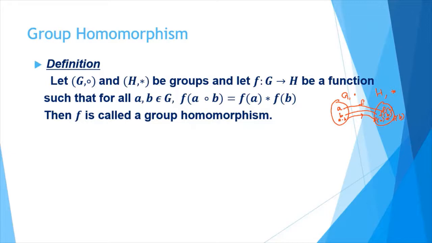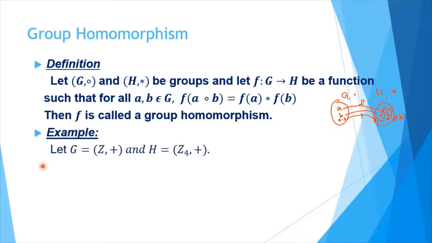Let us see some examples. Let G be the set of all integers Z under the operation addition, and H be the integers modulo set Z4 under addition modulo 4.